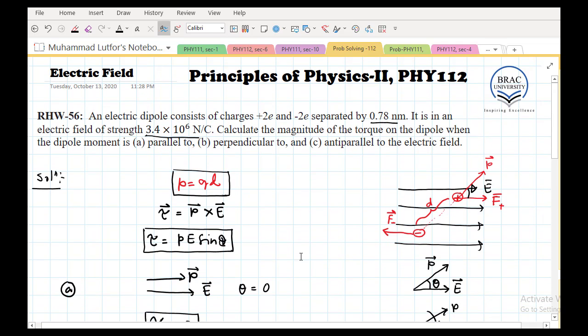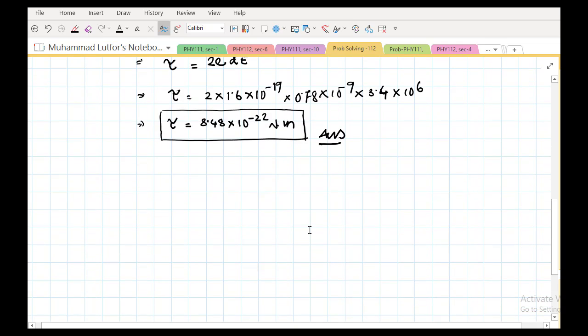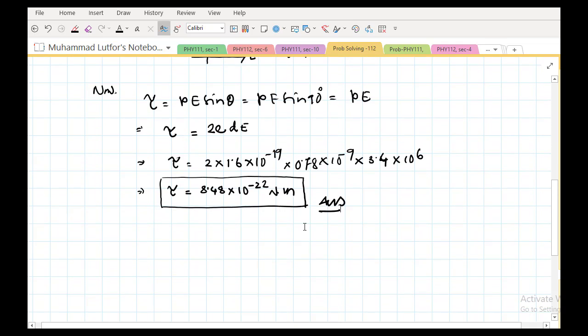Now the third case, if it is anti-parallel to the electric field. So what will be the case? I'm going to draw it for you. Say this is the electric field E, and say this is the electric dipole. They are anti-parallel. In that case, this angle is 180 degrees, theta would be 180 degrees over here.